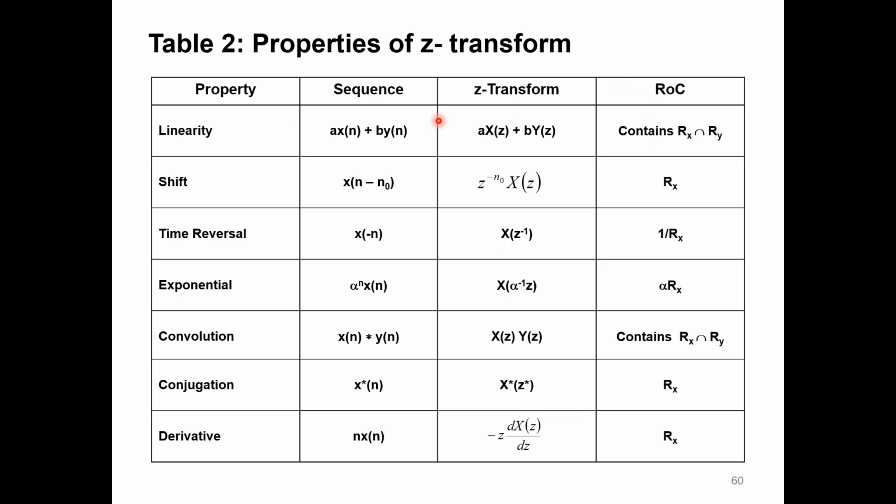You don't have to remember any of these things, but whenever required, you should be able to pull it out of the table and figure out which cell is relevant to the problem at hand, and then make use of that theorem or basic z-transform. So you need to be able to do that, not remember any of these things.